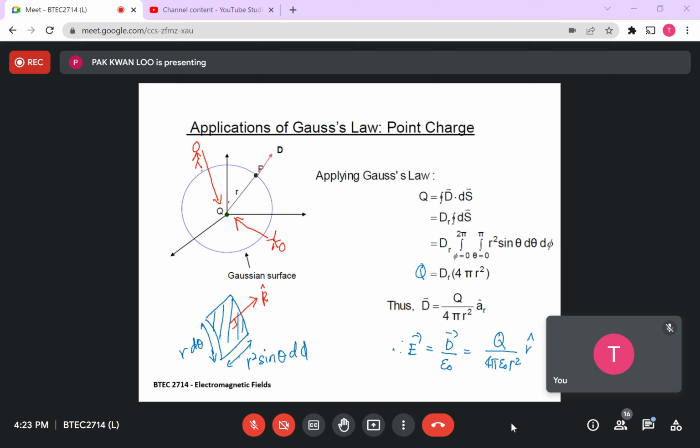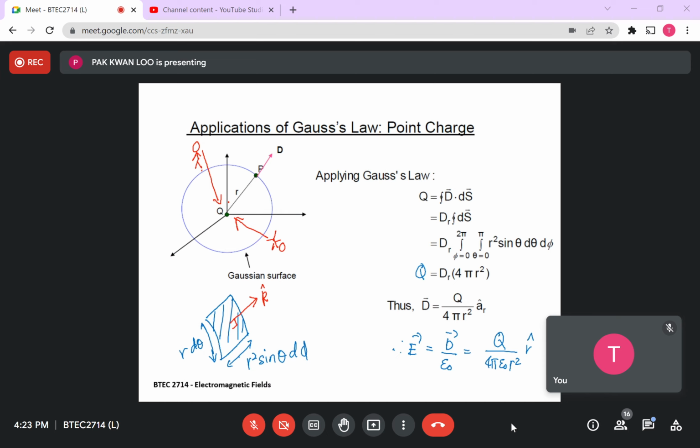Okay, I will come again. Imagine yourself standing on the spherical surface. From your observation point of view, regardless of where you stand on this Gaussian surface, the charge distribution doesn't change. It is always consistent from your point of view, and therefore this implies symmetry.